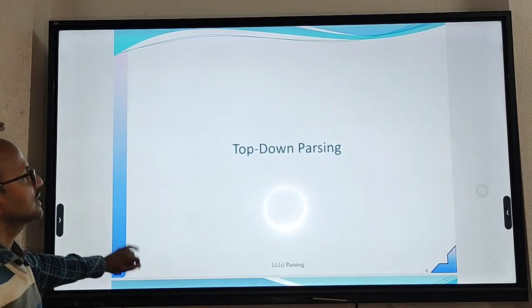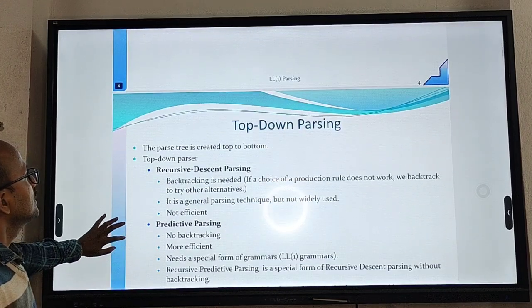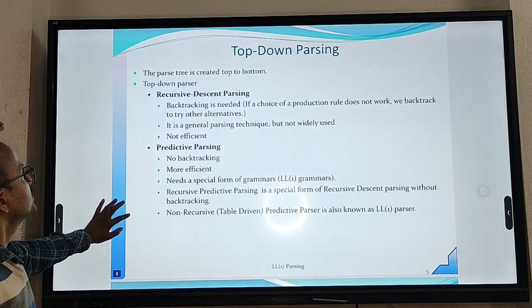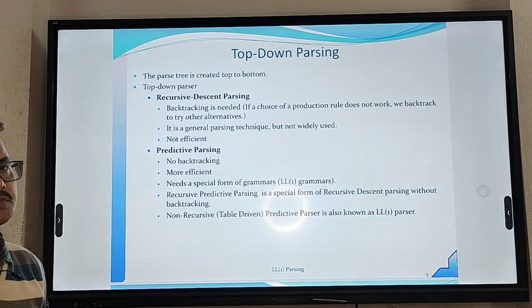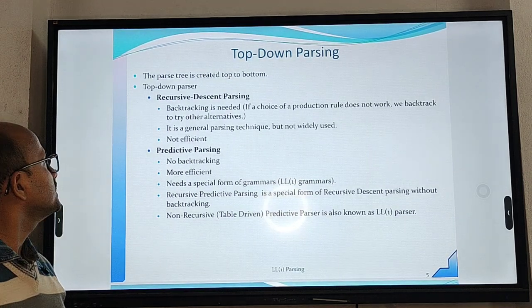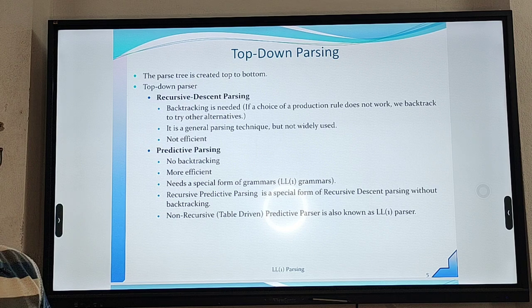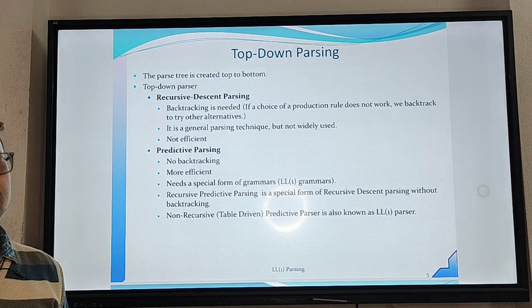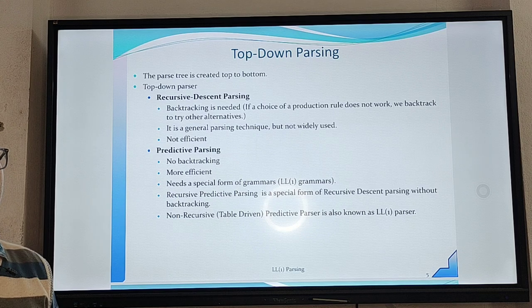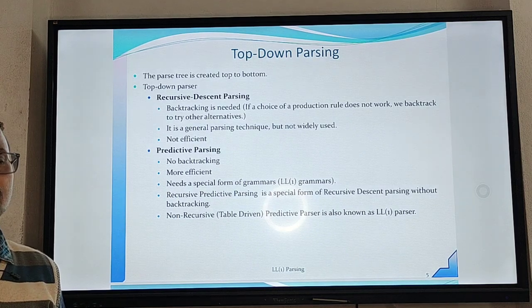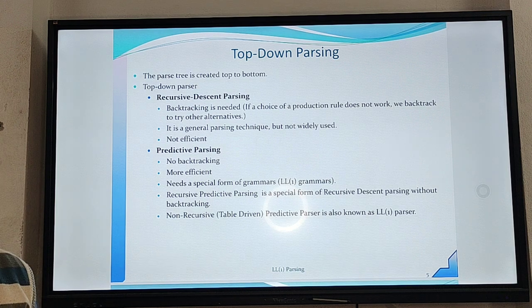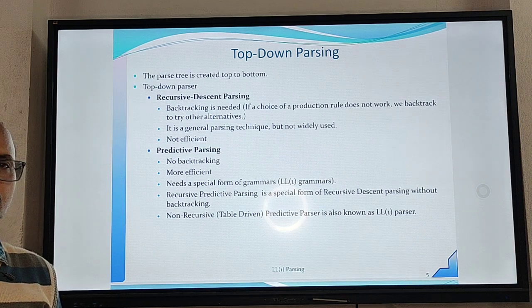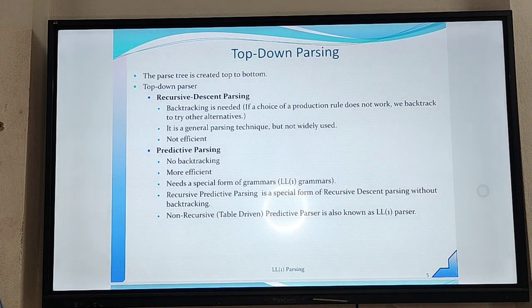Today we shall discuss only top down parsing, which may be of two types. In recursive descent parsing, we start with the start symbol and choose one of the production rules. If at any stage we find that a production rule cannot match the input string, we backtrack to the earlier stage and explore the other alternate production rules of the grammar.